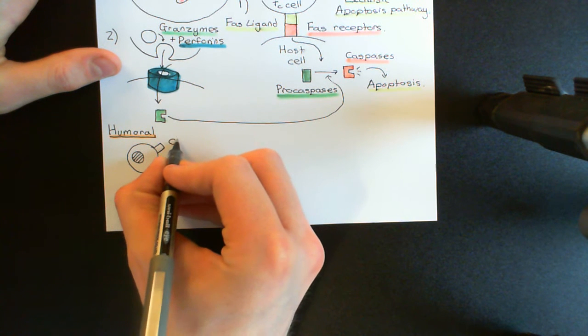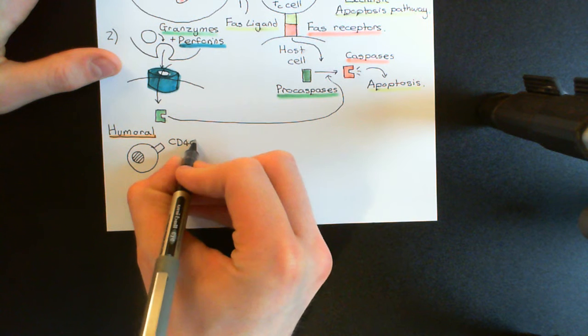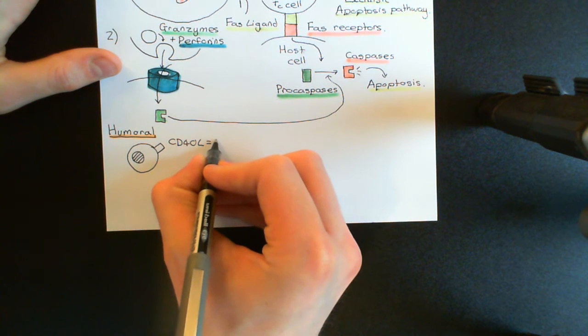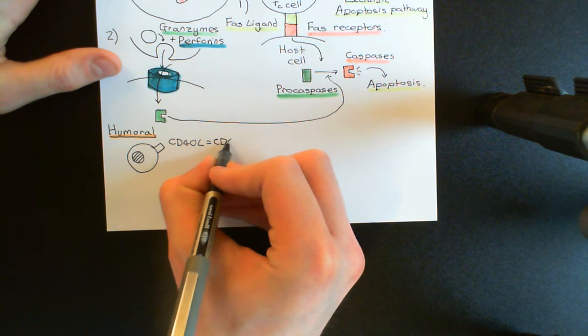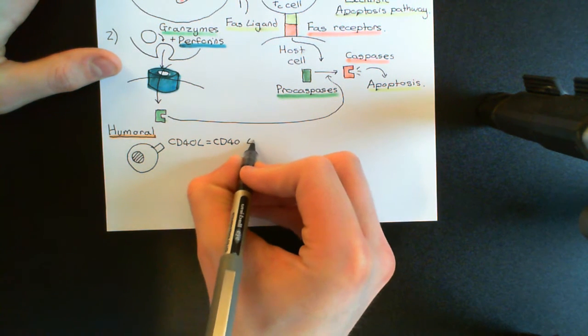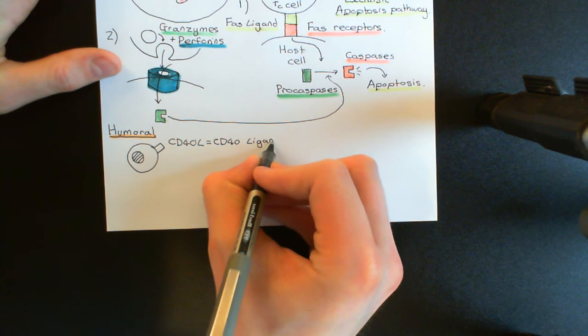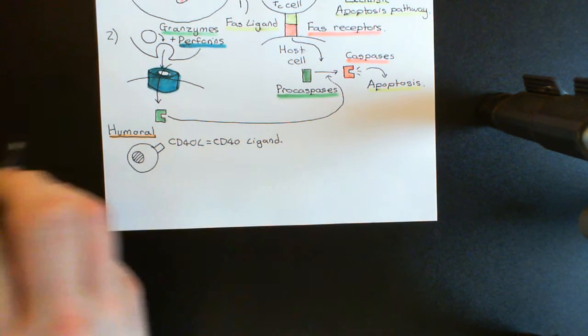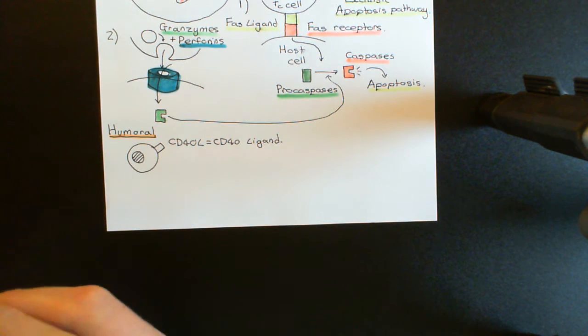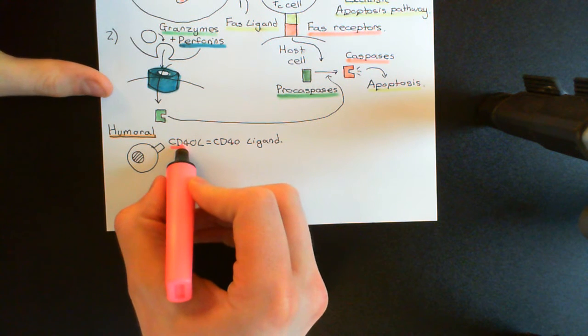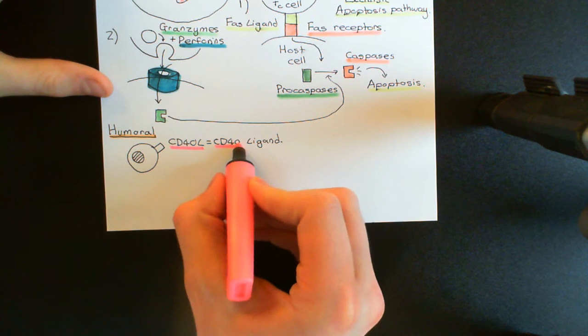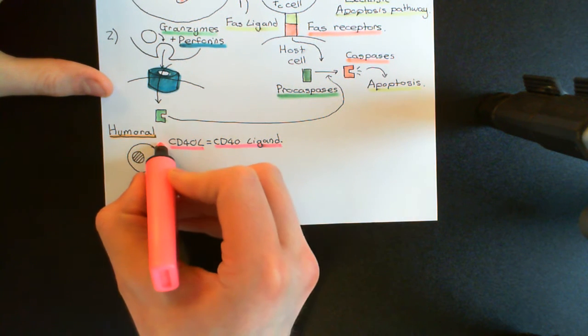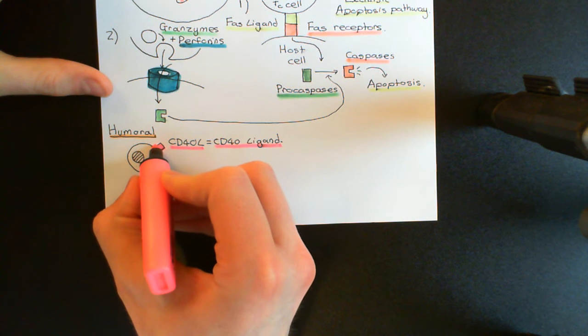So this is going to be a molecule called CD40L, and the L stands for ligand here, so it's going to be a molecule capable of binding to another integral membrane protein known as CD40, and we will see CD40 later on. For now, all I want you to know about CD40 ligand is that it's a molecule that's absolutely essential for activating B cells.